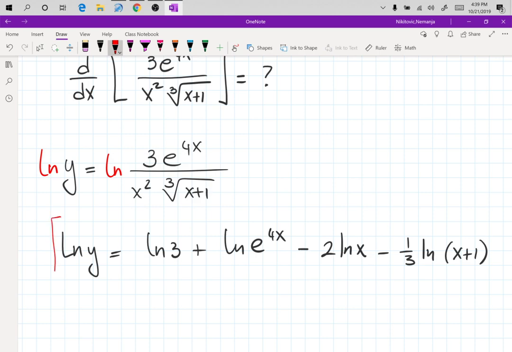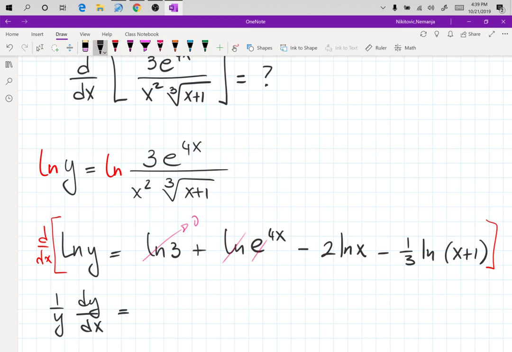So now we differentiate with respect to x. We get our 1 over y dy dx is equal to, that's a 0, so that's gone. That goes to 0 when you take ln, and then these guys cancel.